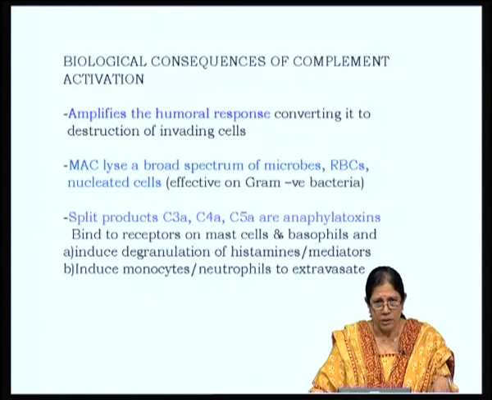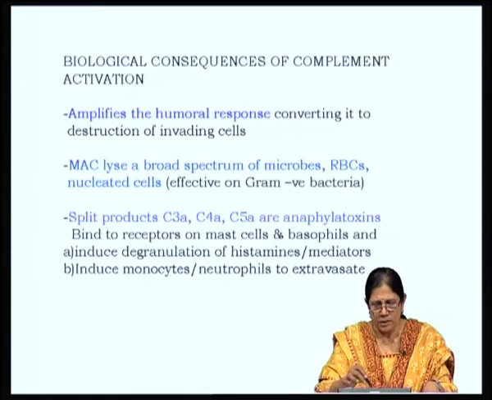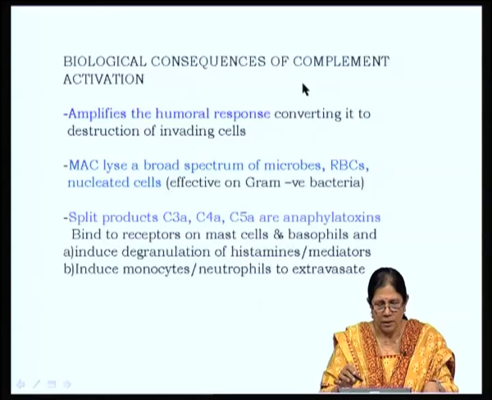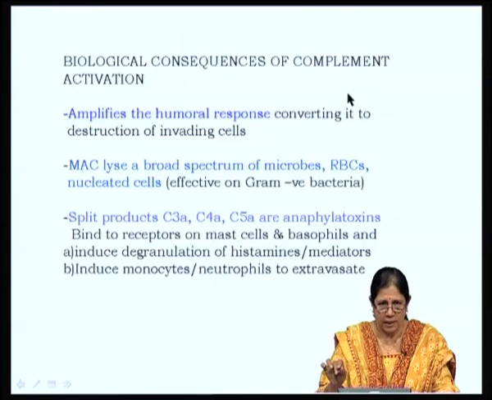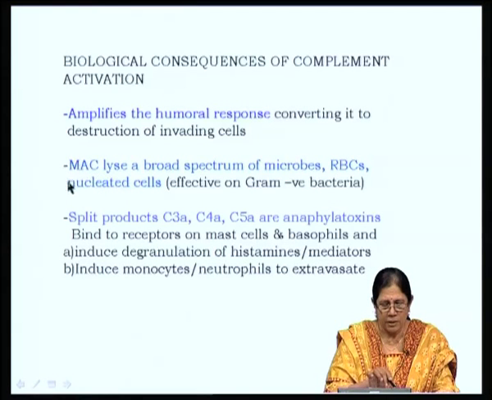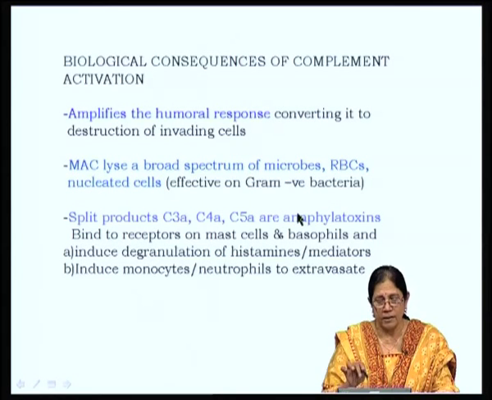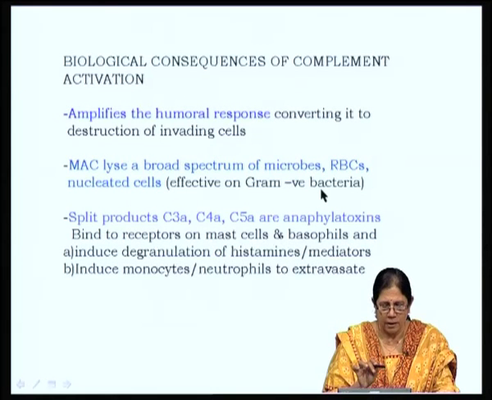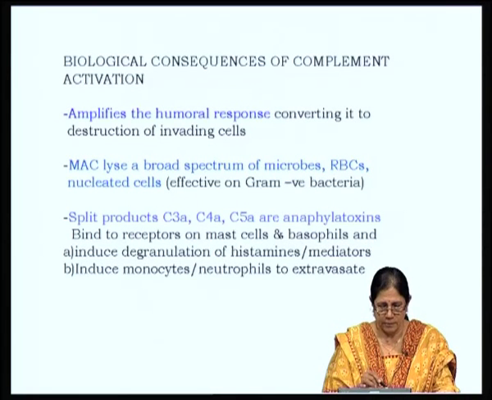However, antibodies do not kill themselves. So, here is the strategy by which antibodies can recruit the complement and trigger the cascade, so that membrane attack complexes are formed and they can kill a broad spectrum of microbes, red blood cells and nucleated cells.